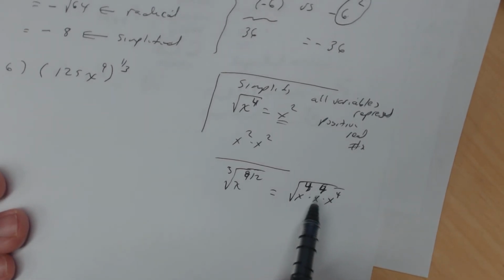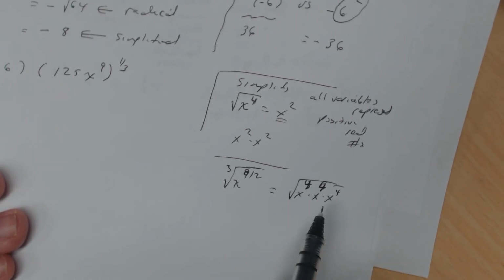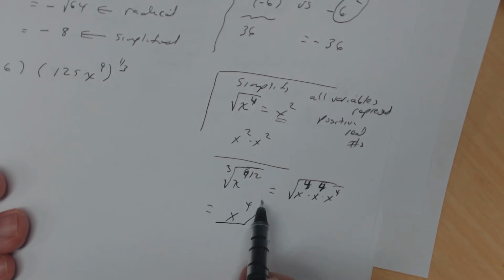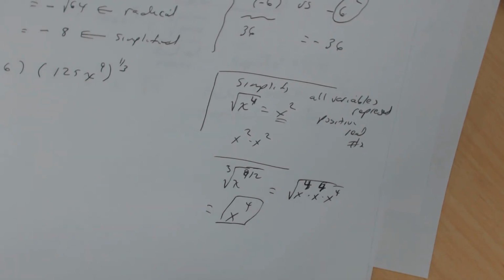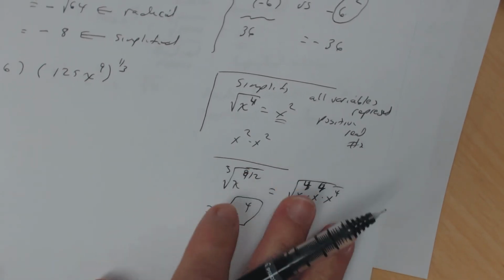Because when you multiply like bases, you add exponents, so 4 plus 4 plus 4 is 12. And so the answer would just be x to the fourth. Remember what you did, though: you said 3 into 12 is 4, so that's how you simplify that. So that was from a previous lesson.